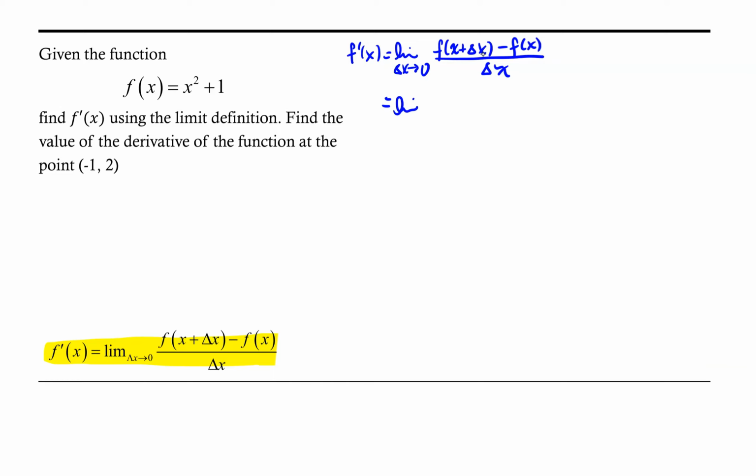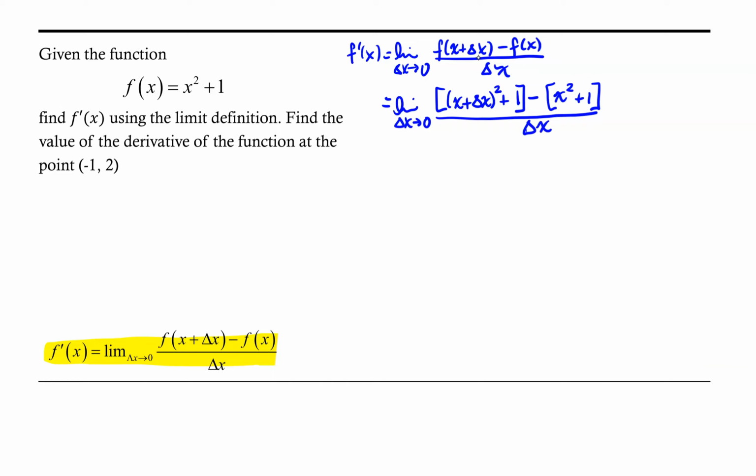So I'll have the limit as delta x goes to 0 of (x plus delta x) squared plus 1. That's my f of x plus delta x. That's this first piece. Minus f of x. Well, f of x is simply my function, so x squared plus 1, all divided by delta x.